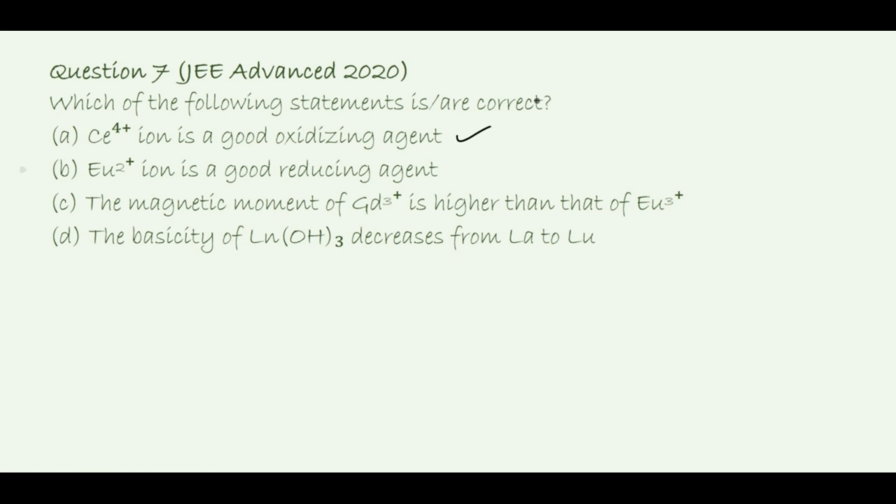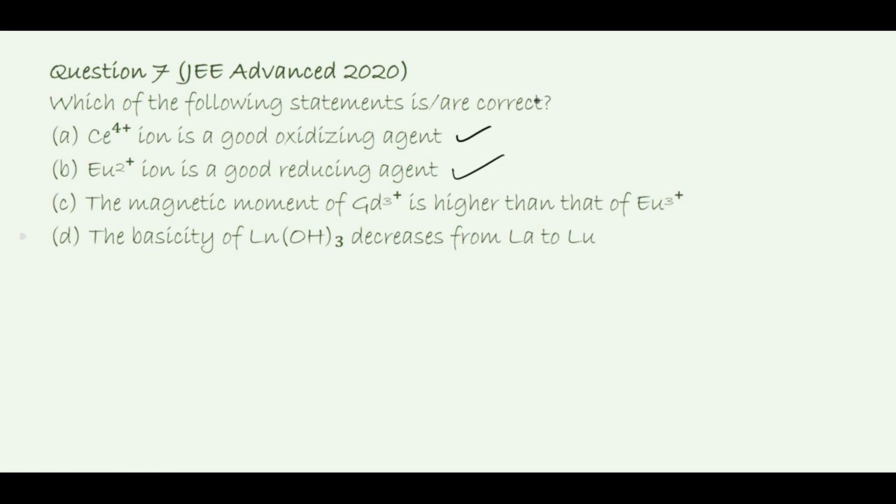What about the second one? Europium is a good reducing agent. This is also correct because it has the oxidation states of +2, +3 as well. So it itself can oxidize. Then magnetic moment of gadolinium 3+ is higher than europium 3+.